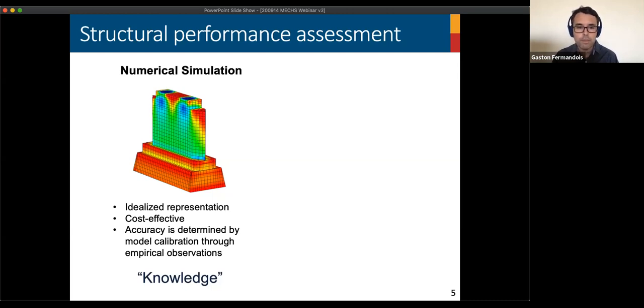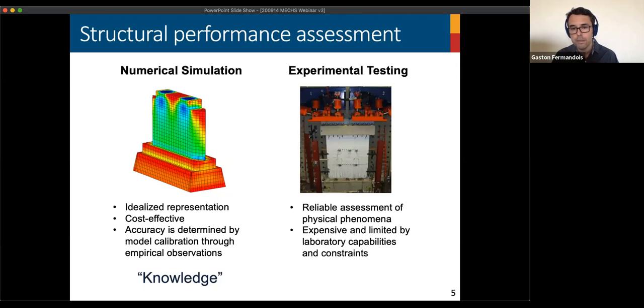The problem is that its accuracy is determined by model calibration through empirical observations. A model that is not well calibrated cannot give you good predictions of the phenomena that you want to predict. For that, we need experimental testing.